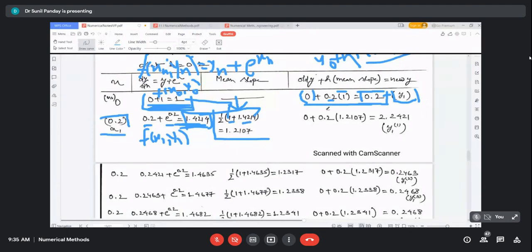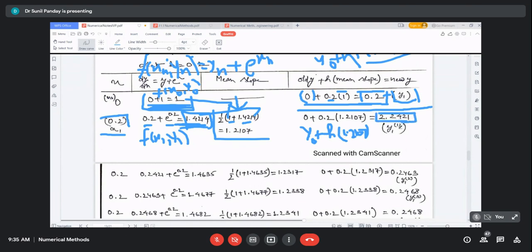And now with this mean slope, our method is y naught plus h into the mean of the two values, the mean slope. So h into this, and you are getting the value of y1, but it is updated one time. That's why we have superscript in bracket 1. Now this will become the value of y1.